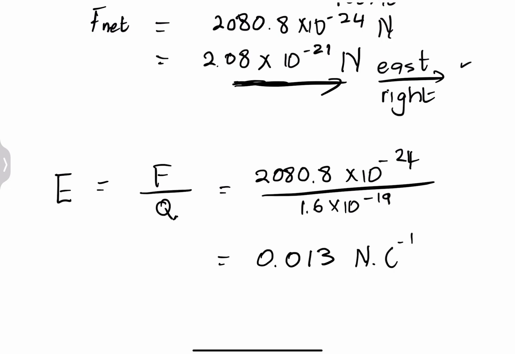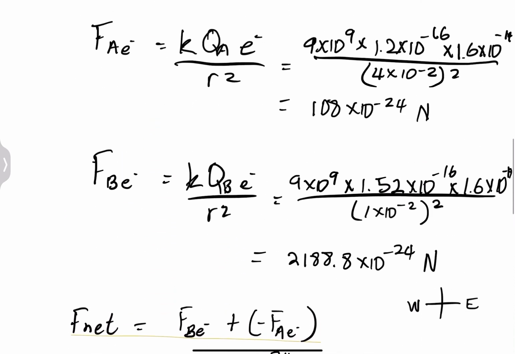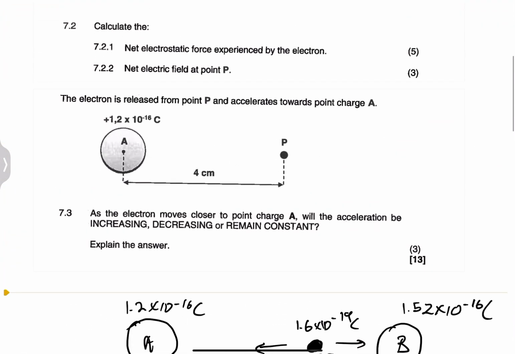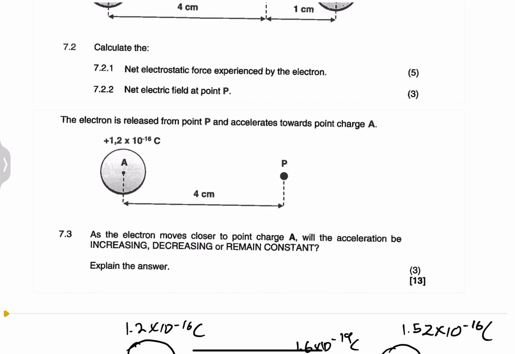But if we were to put a positive charge, the answer would be to the west, or you can say to the left, depending on your choice of direction. So we take the net force and divide by the charge placed at that particular point. I hope that you understood that.